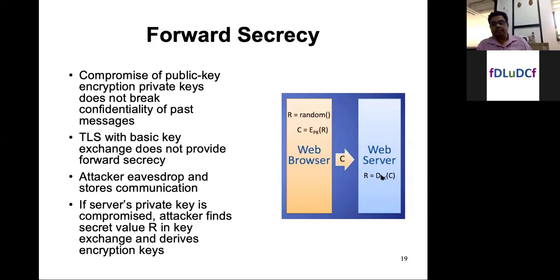Basically, the web browser creates the key, encrypts it using the public key of the web server, and sends it to the web server. Assume that at that point some attacker in the middle copies this ciphertext C. Can the attacker get back R? Actually not. In order to get R, the attacker would need to know the private key of the web server.